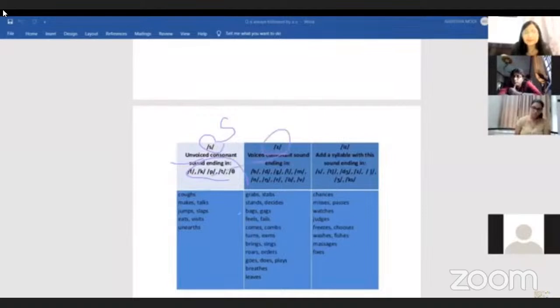How do you say grabs? It's not grabss, it's grabz. It becomes Z rather than S. So when you have a voiced consonant, then it is Z. Can you all read these words? Because they have a voiced consonant, they are not giving the sound of S, but the sound of letter Z. You are all on mute, so I can't hear anyone.